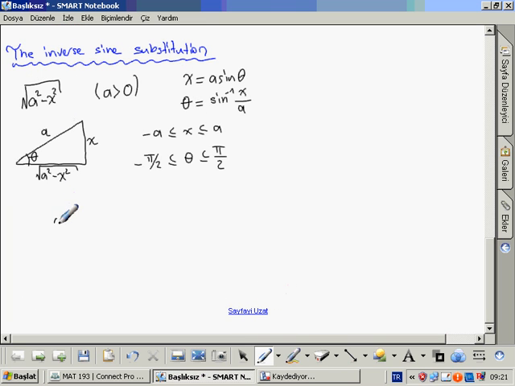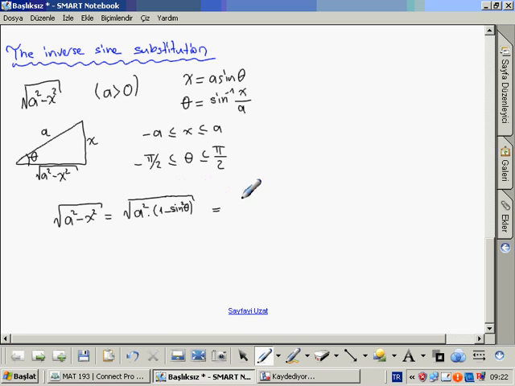So the square root of a square minus x square equals the square root of a square times 1 minus sine square theta, right?